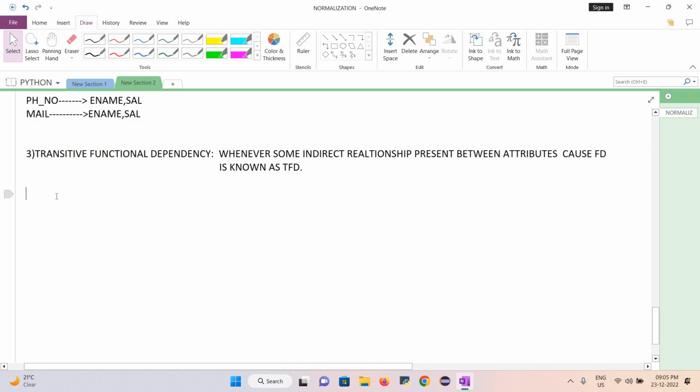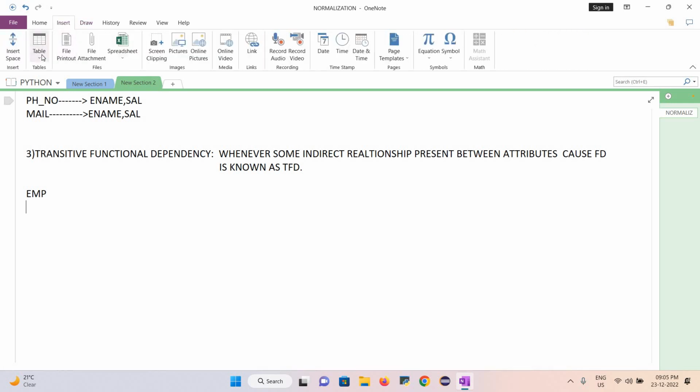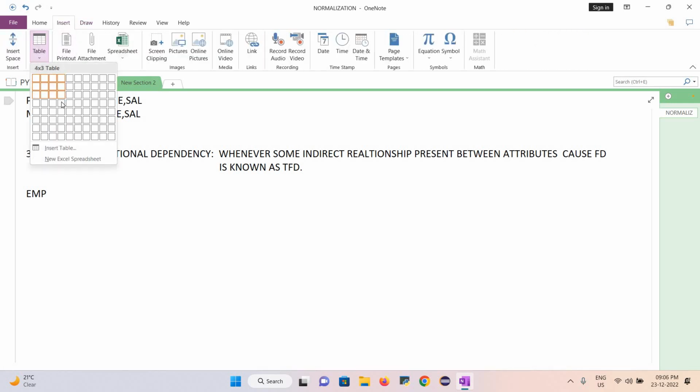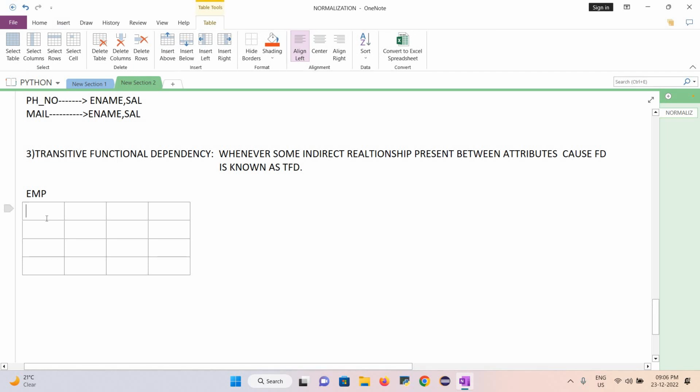So let me give an example table and select this employee table. Here I can select a few attributes. In these few attributes, I'll create my employee ID and employee name.